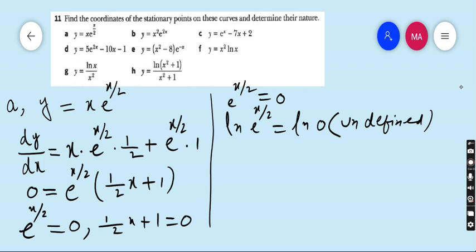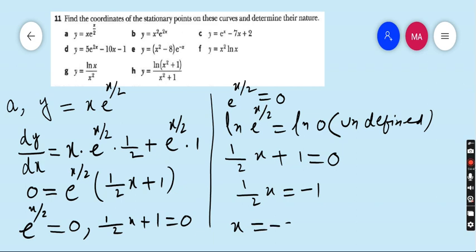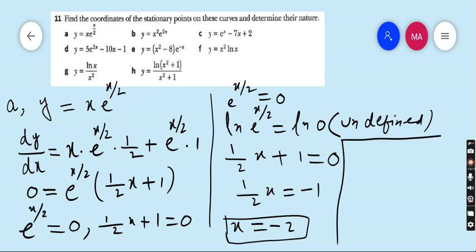The second factor which we have, 1 upon 2 x plus 1 is equal to 0. 1 upon 2 x, shift plus 1 on other side, it is minus 1. x is equal to 2 into minus 1 is minus 2. So this is the value. Now put this value x equals minus 2 in our question.